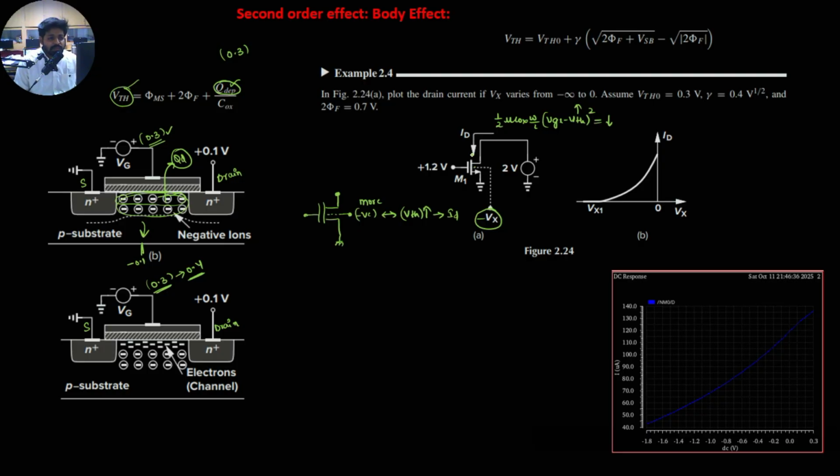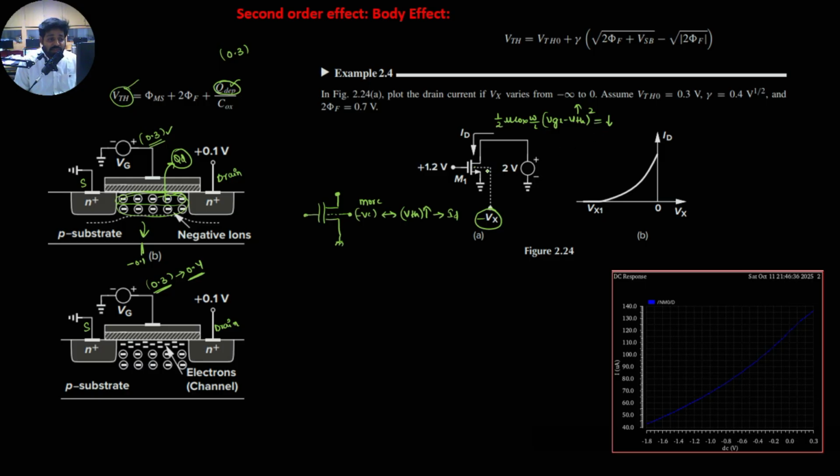So when the ID current is reduced, we have the control totally with the gate voltage. As the gate voltage rises, the current has to rise. Gate voltage falls, current has to fall. So that dependency we can now have with the body also. With the body, if you give more negative voltage, the current is going to be reduced.